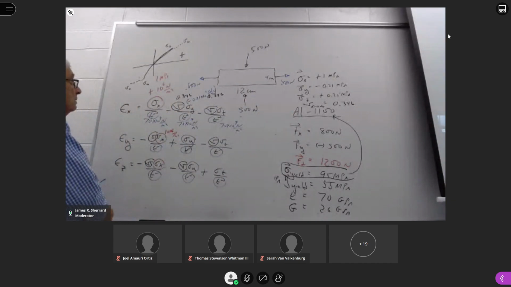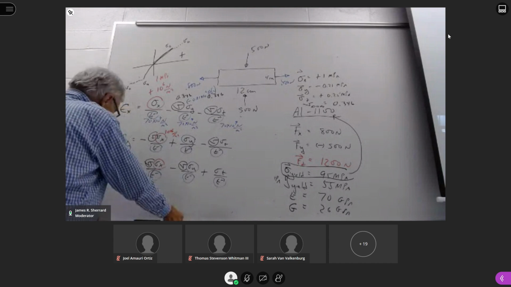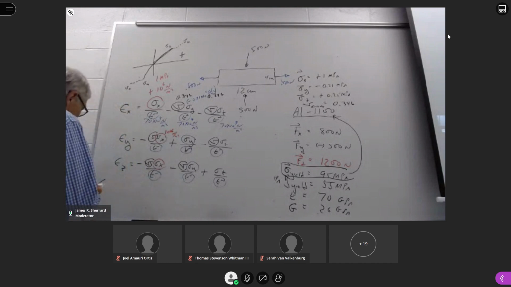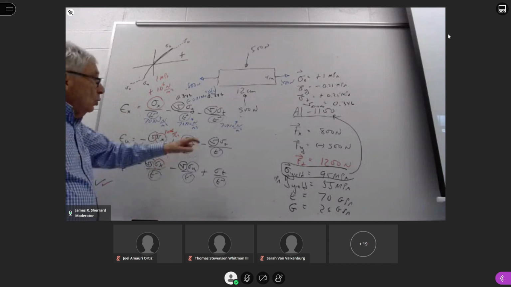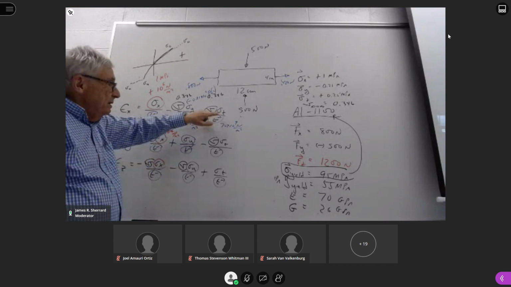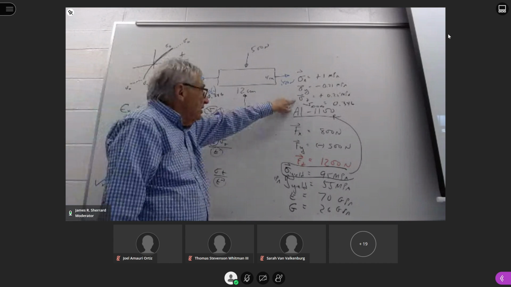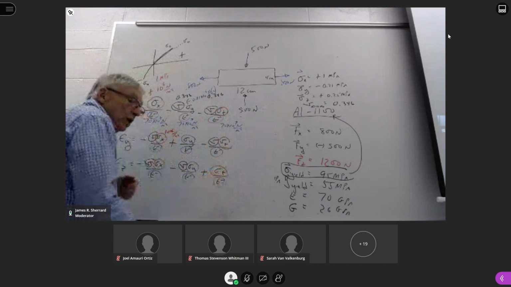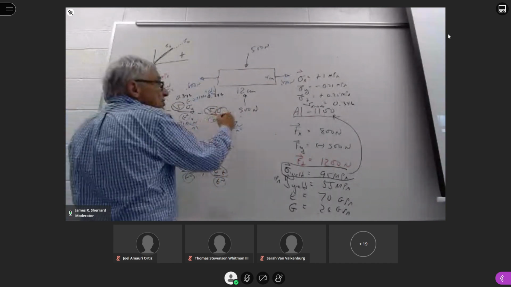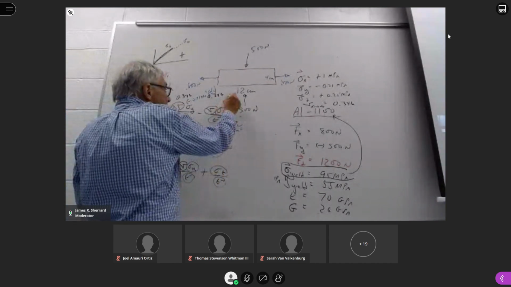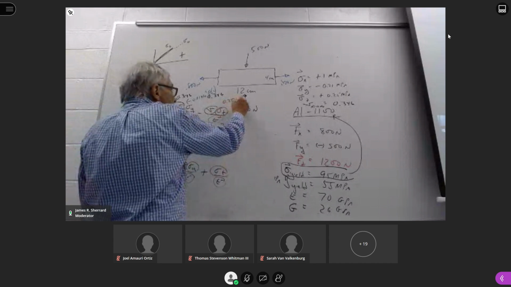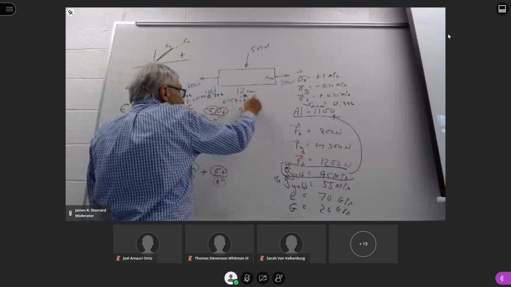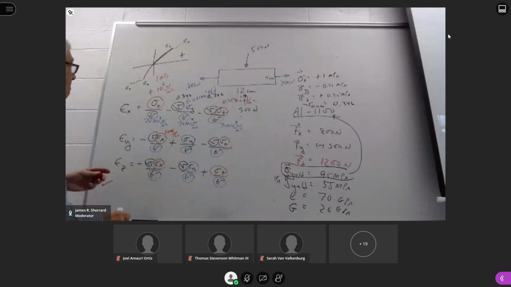And then finally, wherever I have a sigma z, I know we've calculated that value, so I'm going to put that in. In that case, this is going to be 0.25 megapascals, which is 10 to the 6th newtons per meter squared.